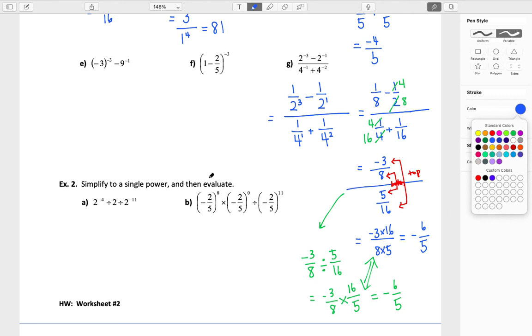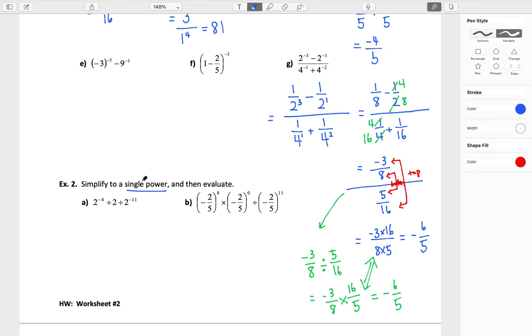Okay, so let's try number 2a. It says simplify to a single power and then evaluate. So there's two parts to it. I want you to put it in one single power exponent and then get rid of the exponent. So we notice that we have the same base here and it's all dividing.